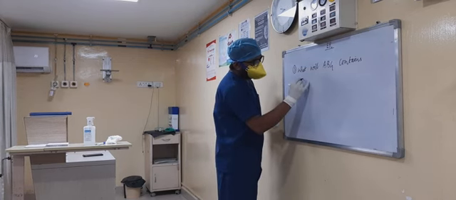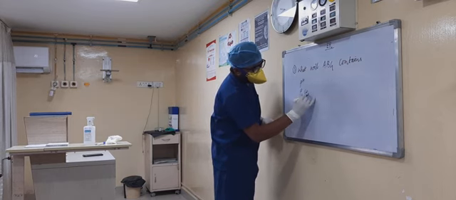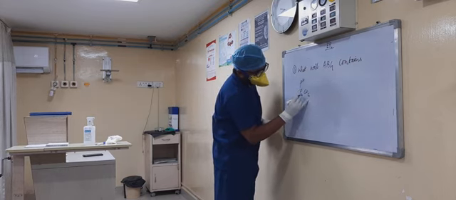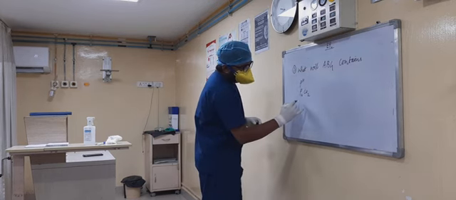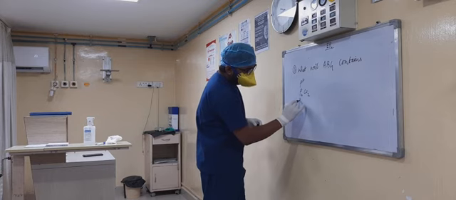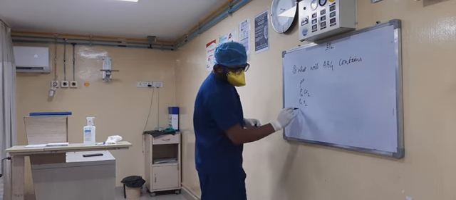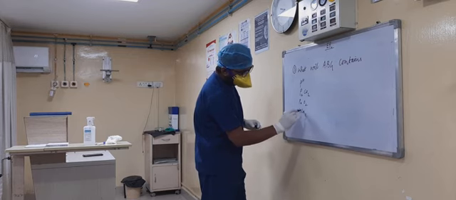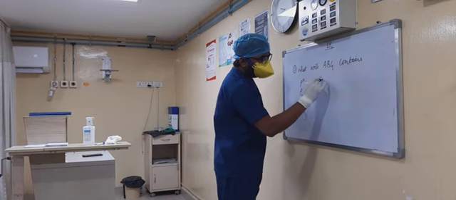pH. PCO2, PO2. PaCO2 we have to call it like that because it is the partial pressure of carbon dioxide. PaCO2. Okay? PO2, then PaO2. Then HCO3. Then serum electrolytes.